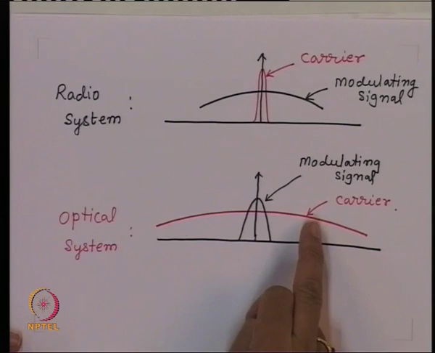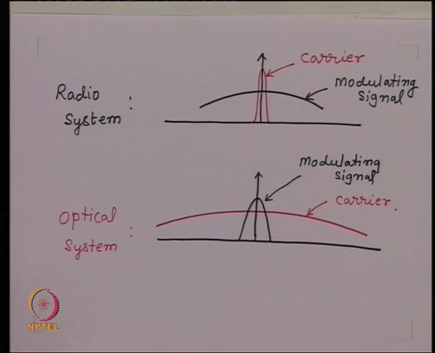So, the only modulation process which does not require spectral information is the amplitude modulation, because for that signal we can recover the signal in the time domain by simply envelope detection. So, what we find is that because of this situation, the carrier is much broader compared to the modulating signal.